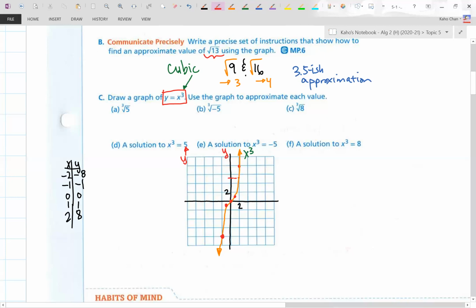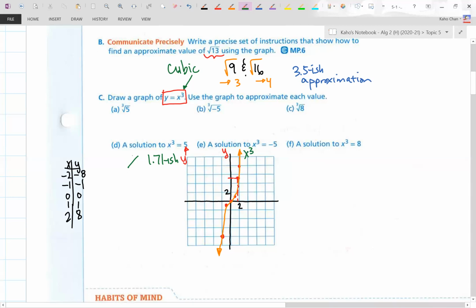It's hard to tell, because that value is very hard to distinguish on the graph itself since it's not accurate. But on the calculator, and I'll show you that later, the value for x that will make your y value 5 is about 1.71-ish. Let's write that down. x equals 1.71-ish. Okay? It's approximate.